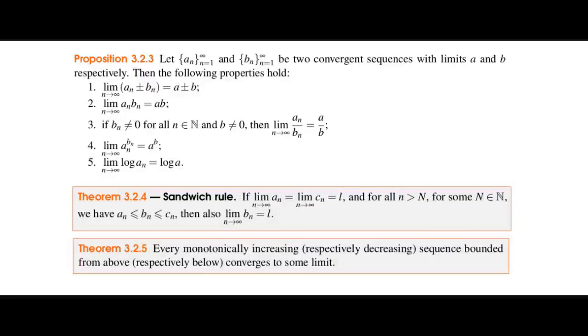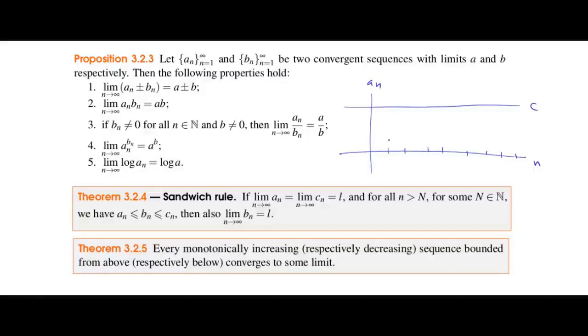And then finally, the final rule for computation is that every monotonically increasing sequence bounded from above converges to some limit. And also, a monotonically decreasing sequence bounded from below converges to some limit. Suppose you have a sequence, this is 0, this is some value c, and this is a sub n.